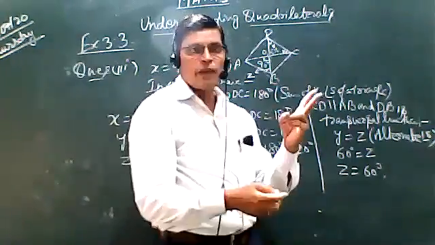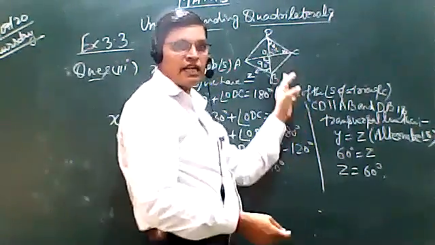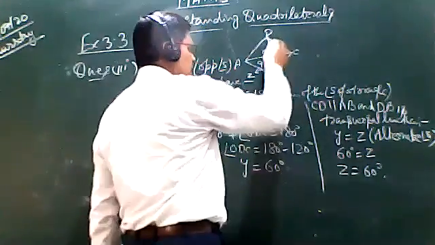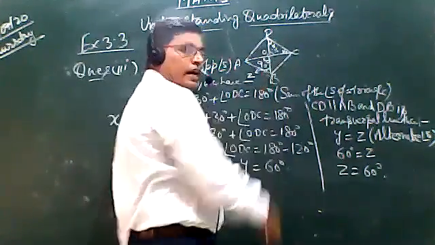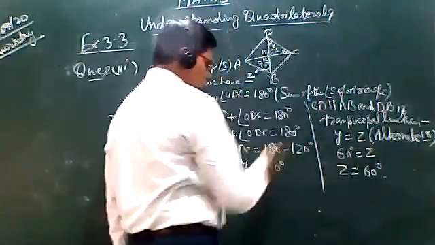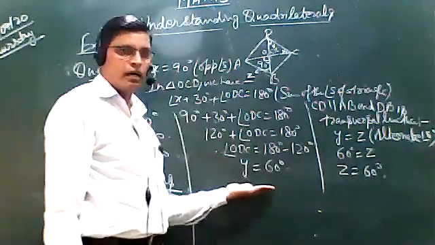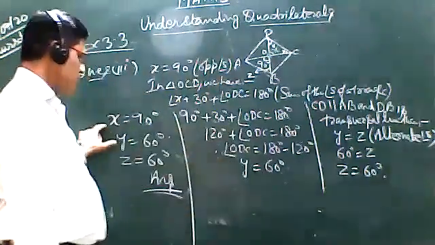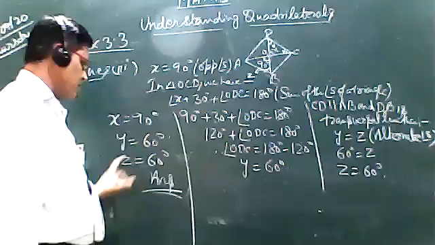If two lines are parallel and third line is a transversal line, the alternate angles are always equal. So this angle and this angle are alternate angle. Therefore, Y is equal to Z, and the value Y already we find here under 60. Our answer comes X is 90, Y is 60, Z is 60.